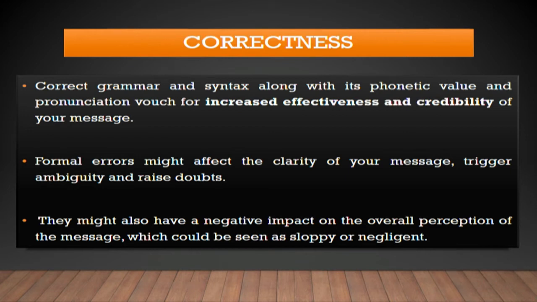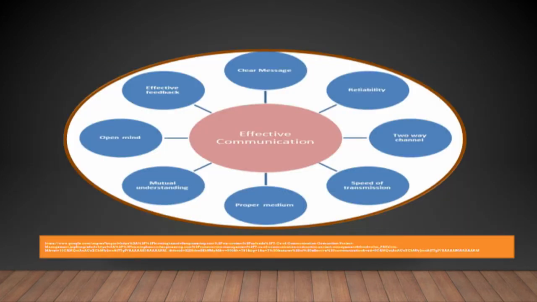They might also have a negative impact on the overall perception of the message, which could be seen as sloppy or negligent. You have to be correct, you have to be effective in terms of your use of grammar or syntax when you are writing, and in terms of your pronunciation when you are speaking.